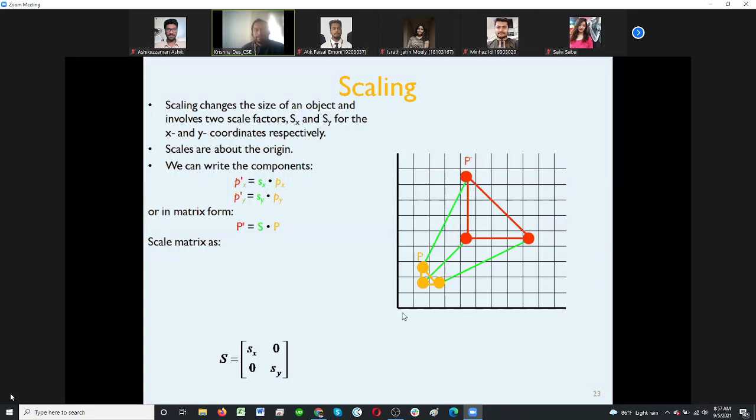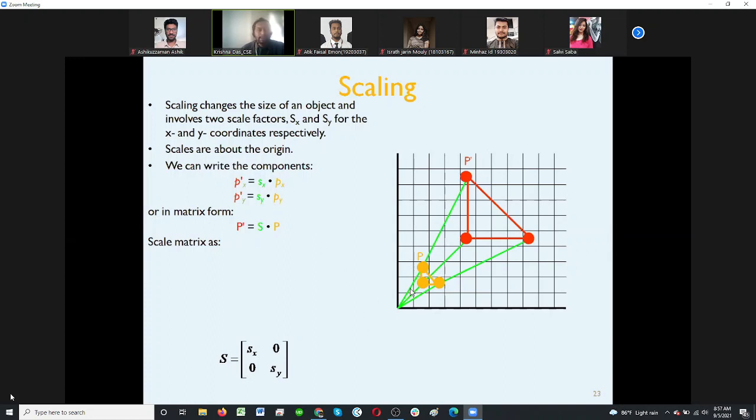Here also, as you can see, P has some value, say like 2, 3. So if the x coordinate value is 2, the y coordinate value is 3, and we have a multiplication factor, say 2 and 2, then 2 into 2 is 4, so for the new coordinate you will get 4 for x, and for the y coordinate, 3 into 2 is 6.